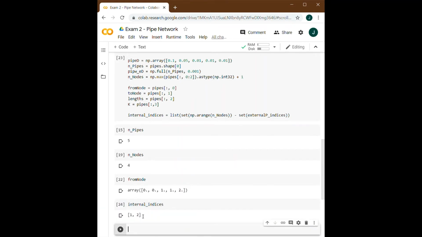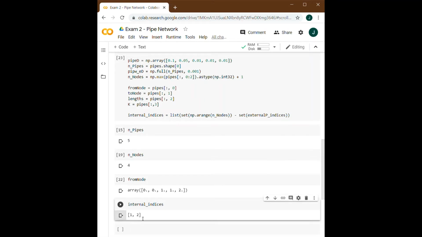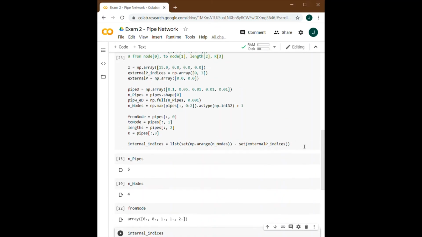So just as we predicted, we have 1 and 2, which is exactly what I want, because looking at this picture, we know that 0 opens to the environment and 3 opens to the environment. But 1 and 2 are completely contained in that they have pipes going to and from each node. So this works.